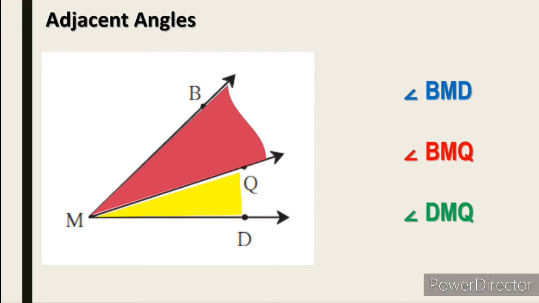So this kind of angle is known as adjacent angle, where they share the same arm and have a separate interior. The interiors of angle BMQ and angle DMQ are separate. One interior I have shown with red and one interior region I have shown with yellow to make you understand that adjacent angles have different and separate interiors.